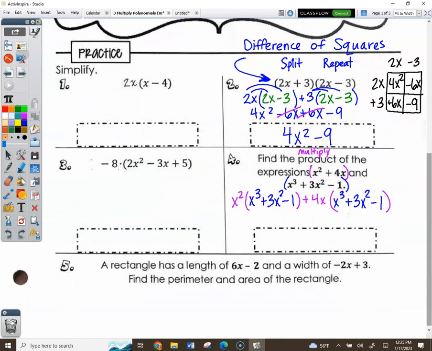So did you get x to the fifth plus 3x to the fourth minus x squared plus 4x to the fourth plus 12x cubed minus 4x? And then combining like terms.